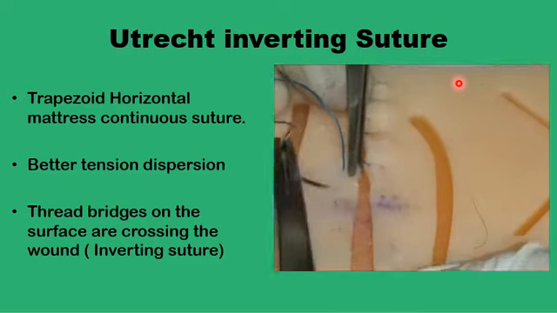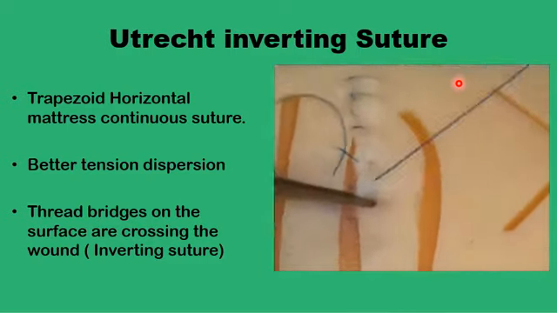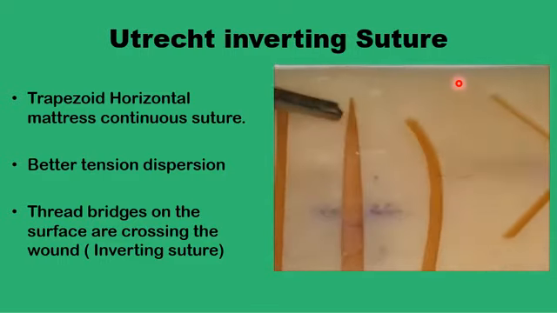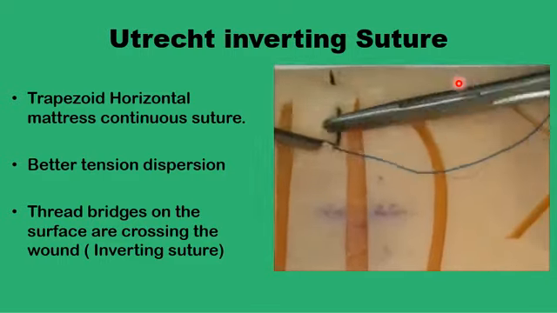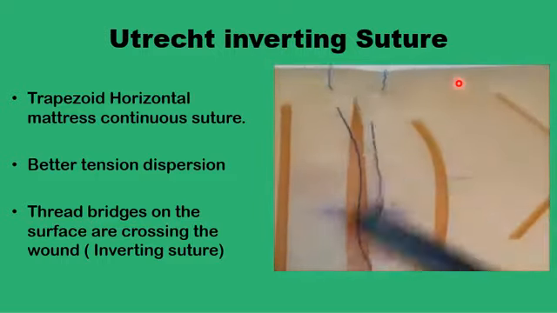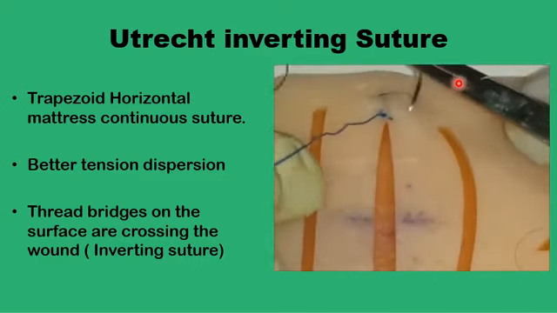So you have a trapezoid shape, far to near, cross to the other side, and far to near again, and then move to the next level. This would be the last suture, and you leave a loop on one side and tie the knot with the loop.